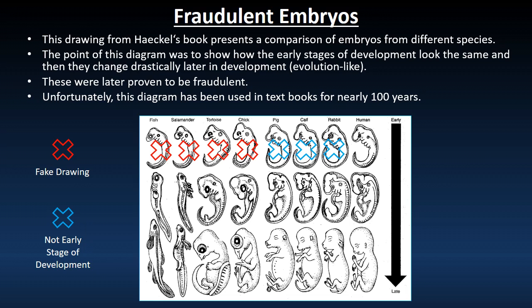So the ones with the red X's, those are just outright fake drawings. They have nothing to do with the fish, the salamander, tortoise, and the chick reproductive. The pig, the calf, and the rabbit, the blue ones, those are valid stages of development, but they're not the first stage. They're not even close.